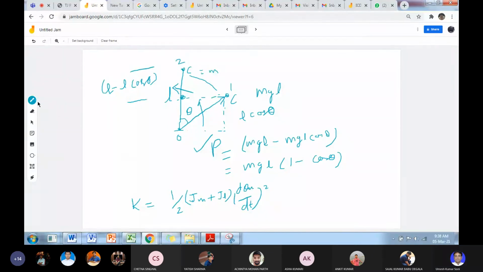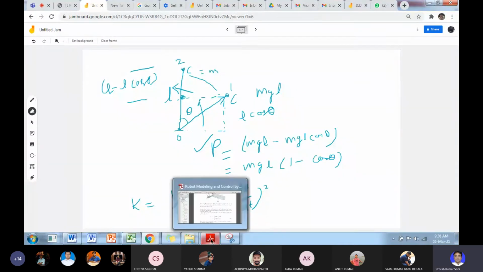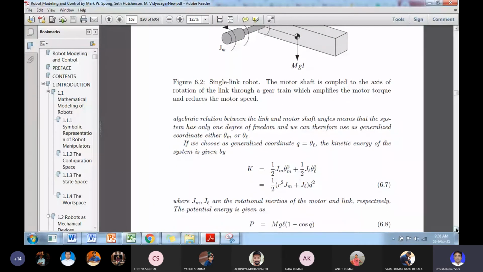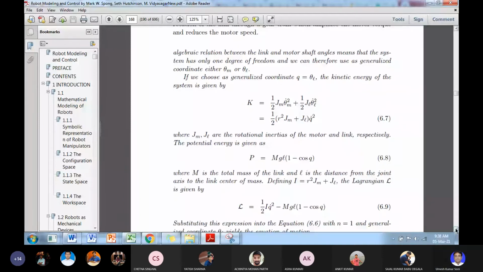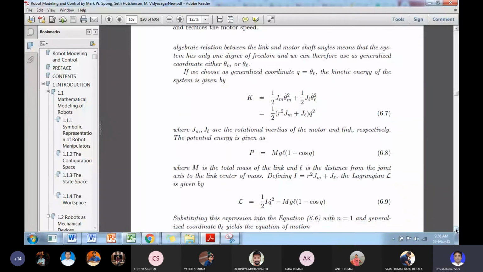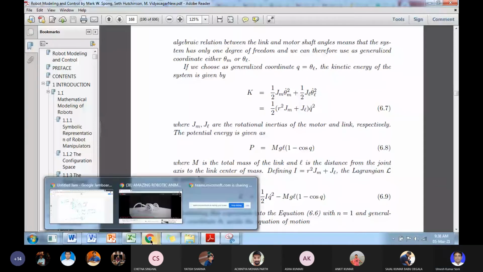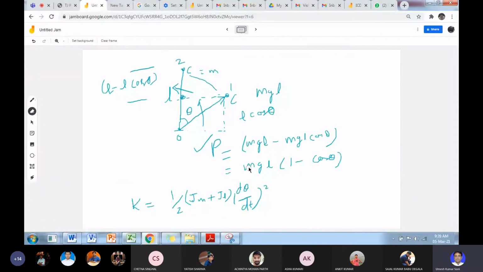Okay, it can be any theta m or theta l, whatever. So this is the kinetic energy. Now take the difference of that and you get the Lagrangian. Determine the Lagrangian. So the Lagrangian is given by this equation, the difference of both.